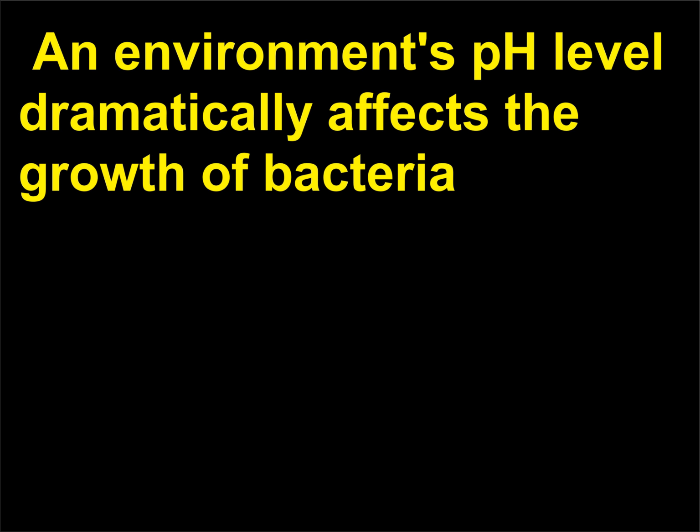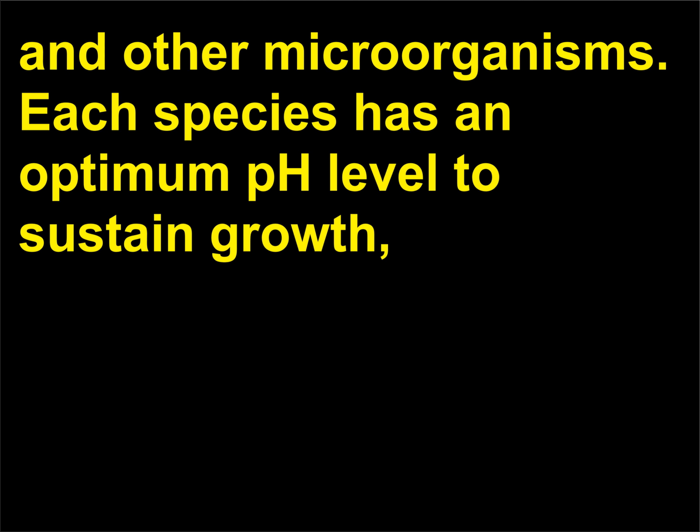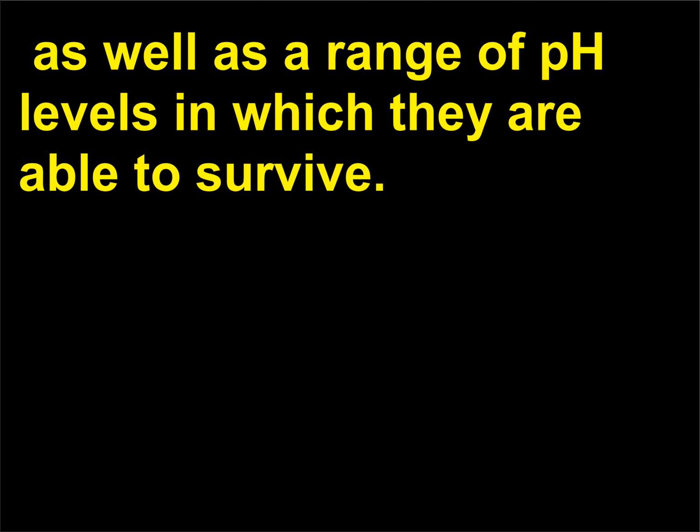An environment's pH level dramatically affects the growth of bacteria and other microorganisms. Each species has an optimum pH level to sustain growth, as well as a range of pH levels in which they are able to survive.